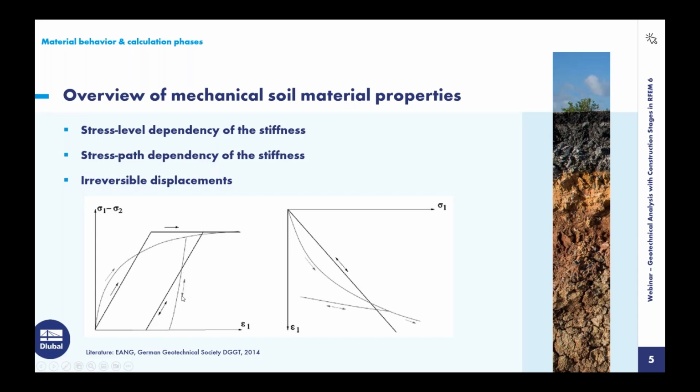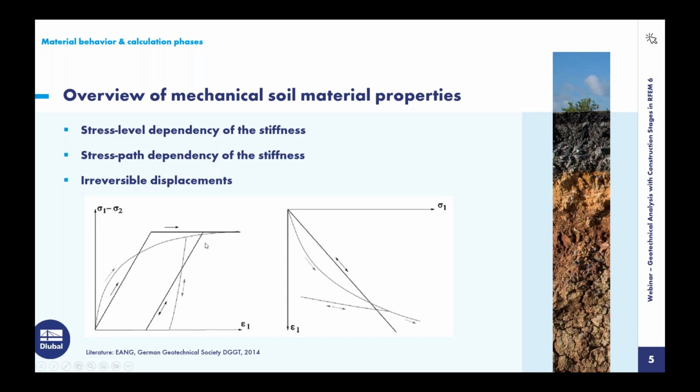The unloading and reloading stiffness is higher than the first loading stiffness. And we have irreversible displacements in soil materials. We have hardening effects and plasticity when the failure level is reached.